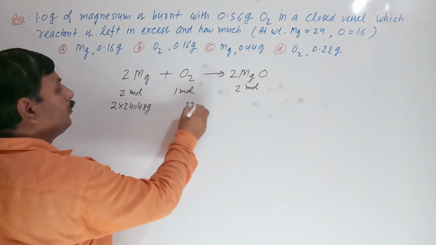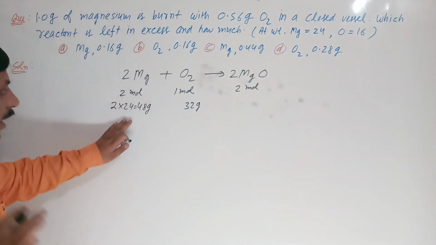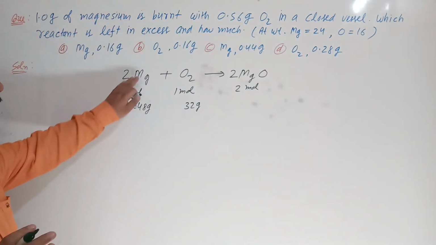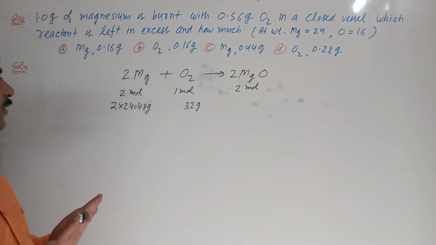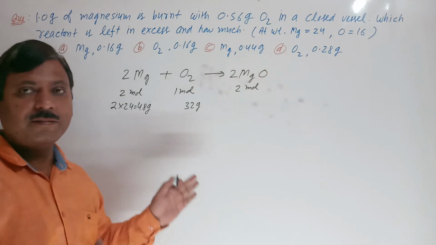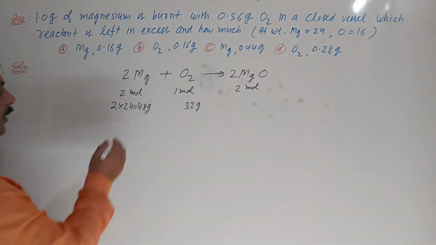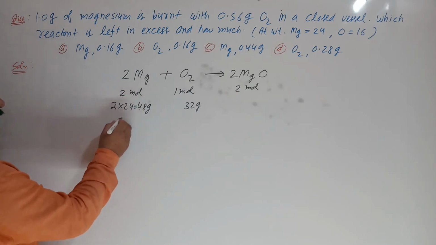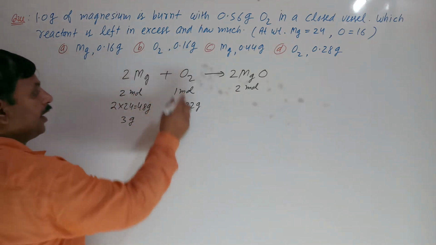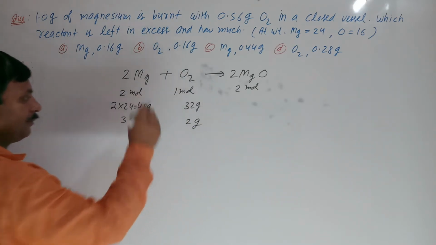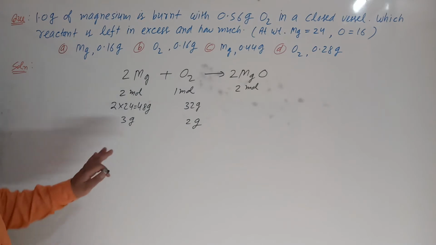So 32 gram of oxygen. 48 gram of magnesium reacted with 32 gram of oxygen. In simple form, if I am dividing by 16, you can see 3 gram of magnesium reacted with 2 gram of oxygen.